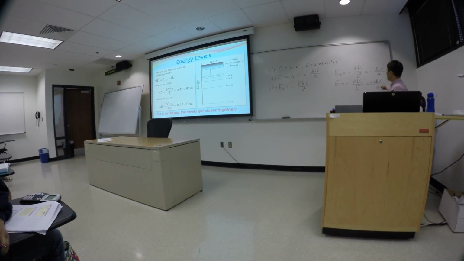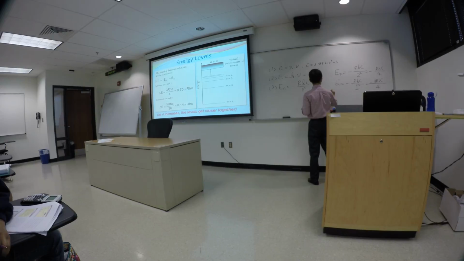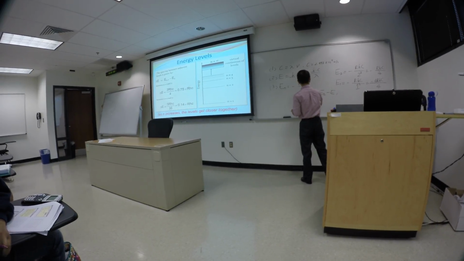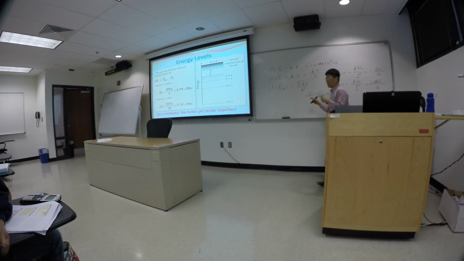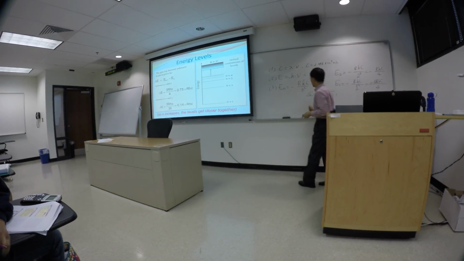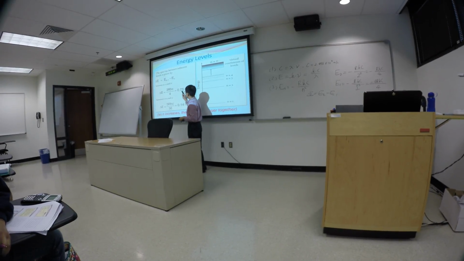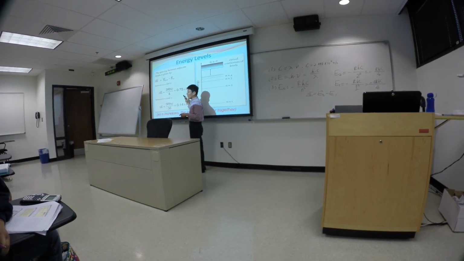What we're trying to do here is E2 minus E1. That's the change of energy, or the difference of the energy between those two levels. That equals 3/4 of RHC. That's 3/4, that's 0.75.